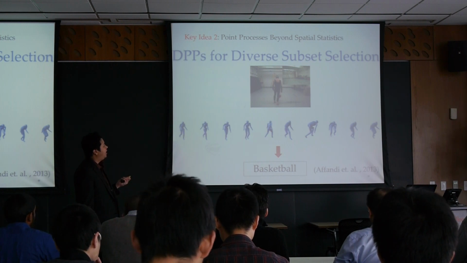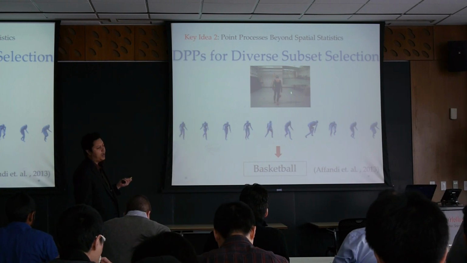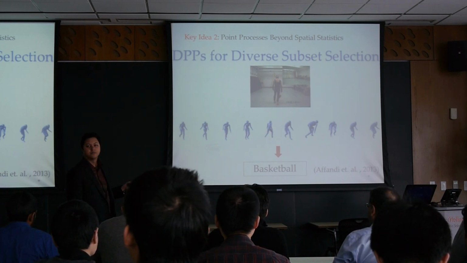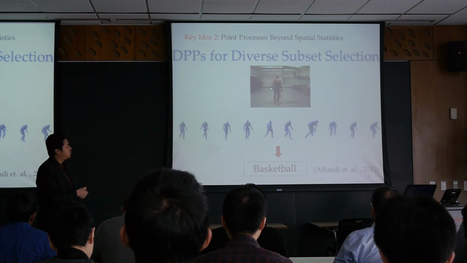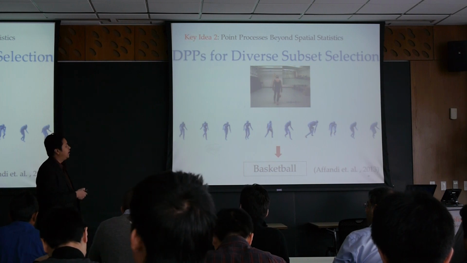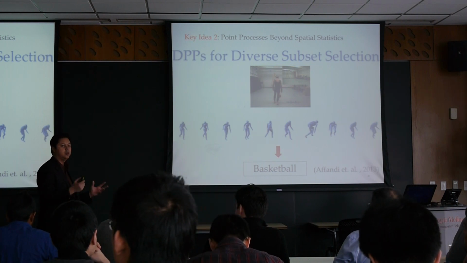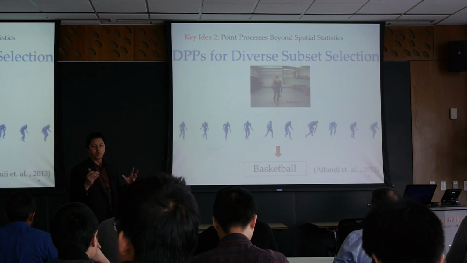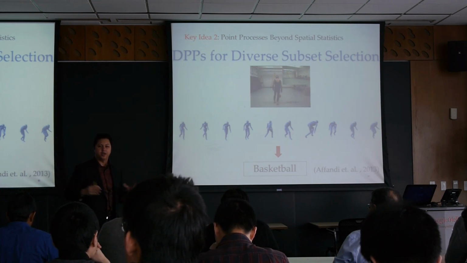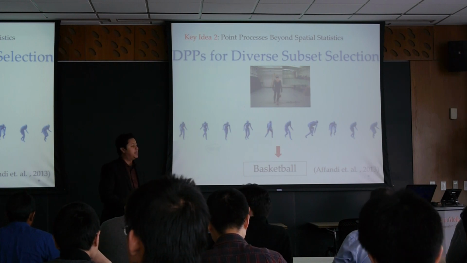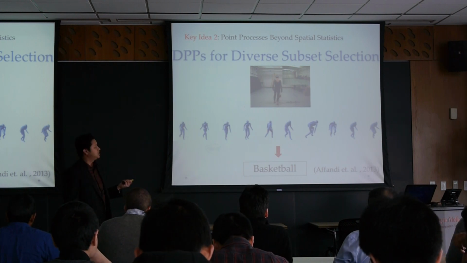You can think of the frames of this video as being a particular item, and you can extract features from them. If you consider the high dimensional feature as some sort of location of these items in a high dimension, in this case, I think it's 62 dimension space, you can think of it as a point process.